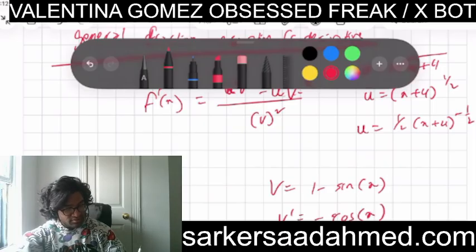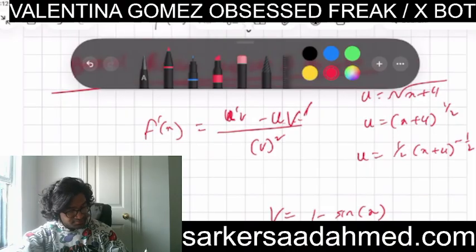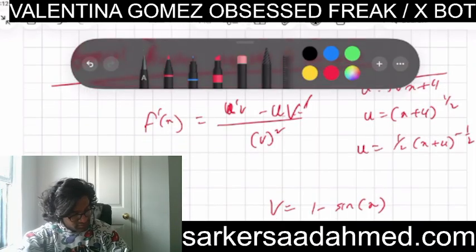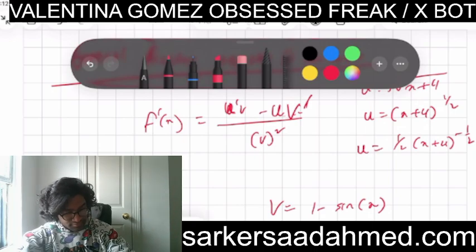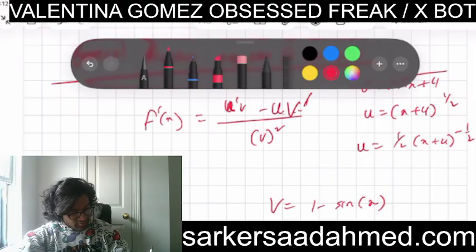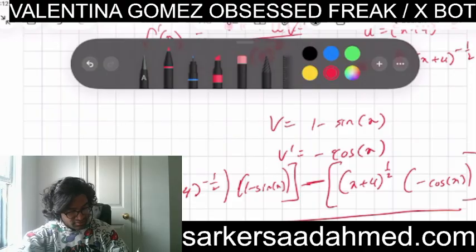So f prime of x is equal to half x plus 4 to the power minus half, times 1 minus sine of x, minus, I'm going to put a bracket here, u is x plus 4 to the power half, times minus cosine of x, divided by v, which is 1 minus sine x, whole square.